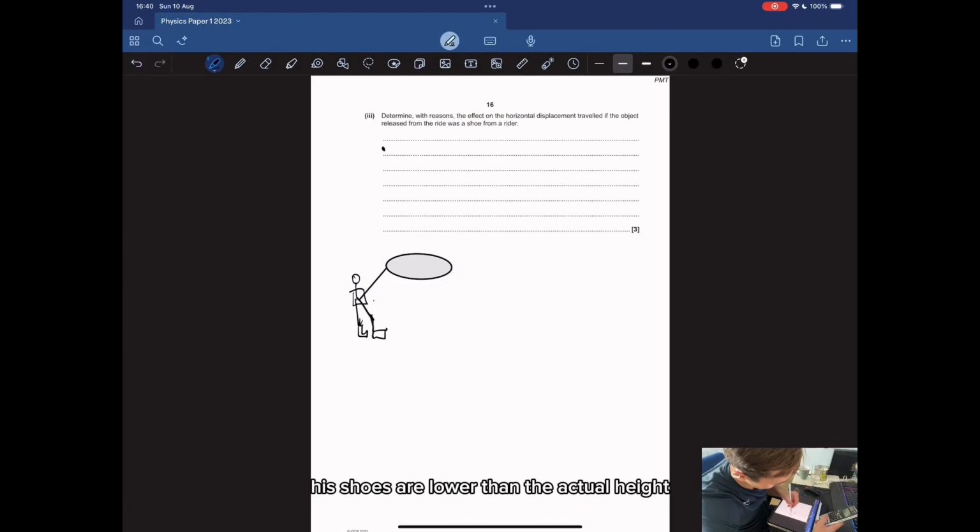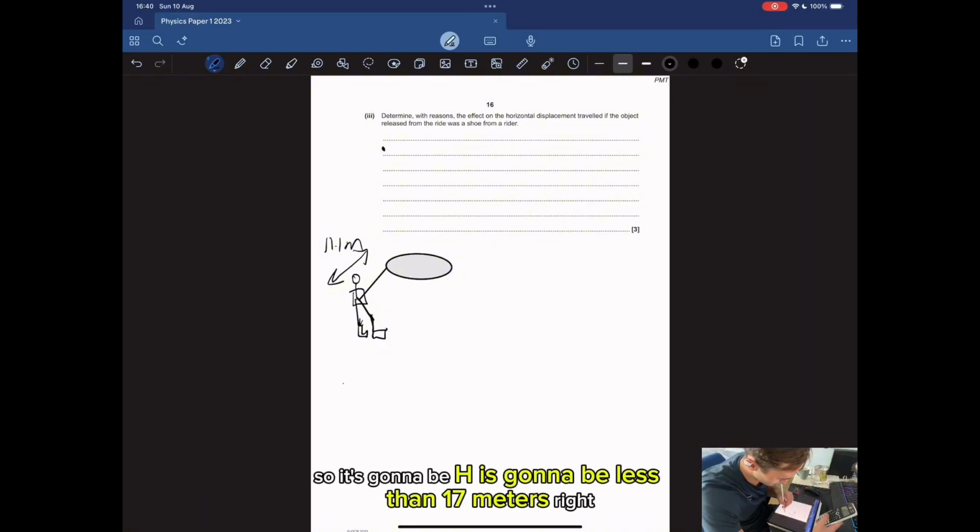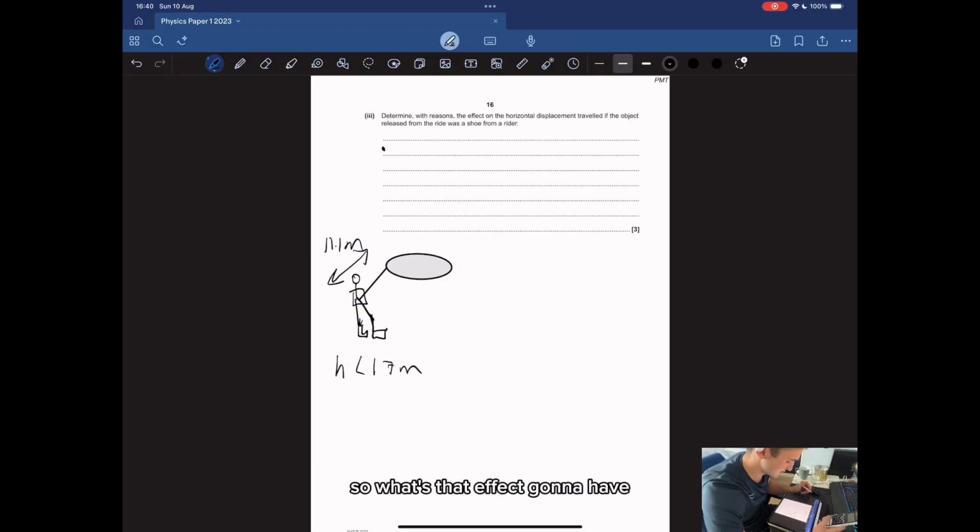His shoes are lower than the actual height. So this was originally like 11.1, I think it was. But now if this is longer, we're going to be closer to the ground. So H is going to be less than 17 meters, right? So what's that effect going to have?